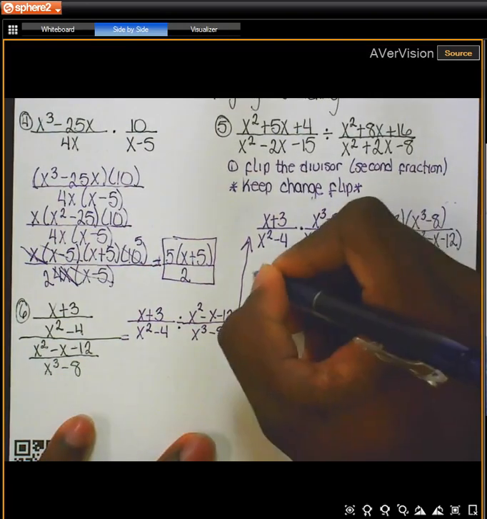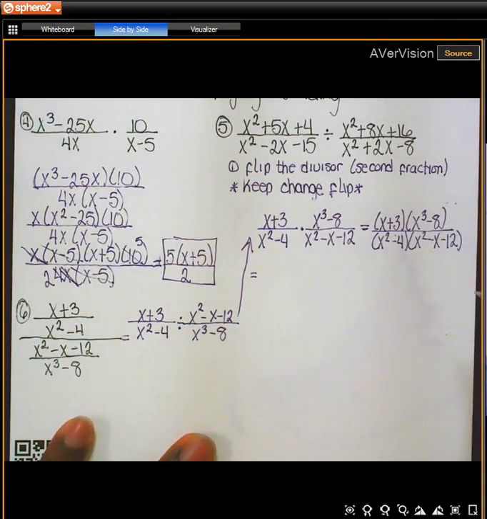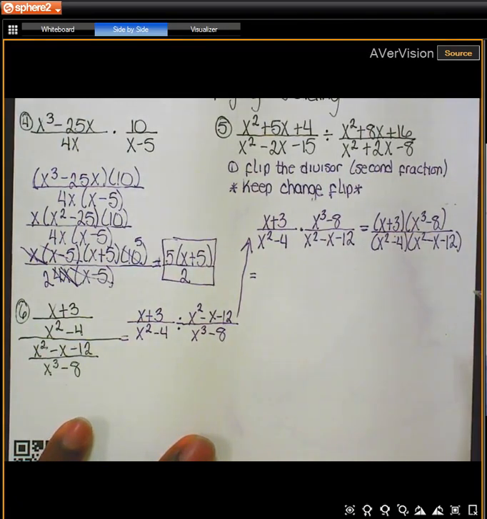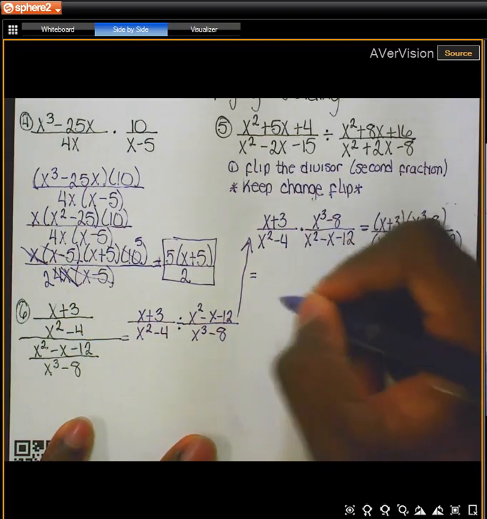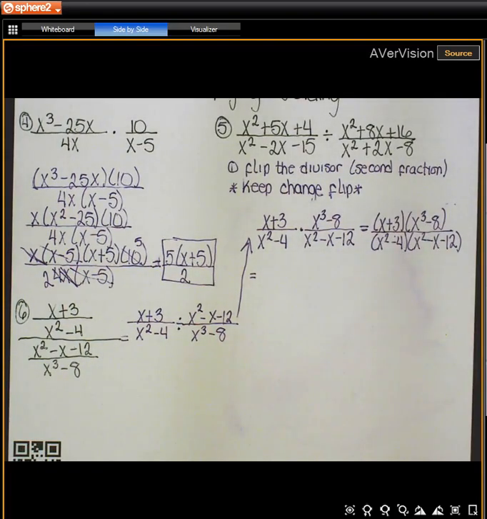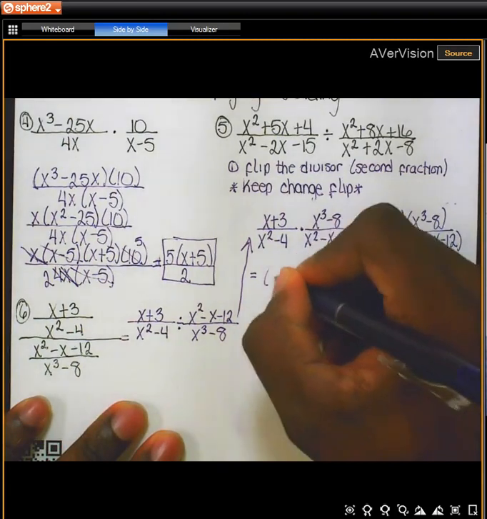Now what? Do we have one? Is there a greatest common factor we can factor out? No. So what can we do? Yes. X plus 3 is already factored.